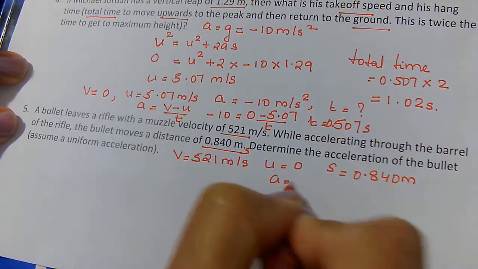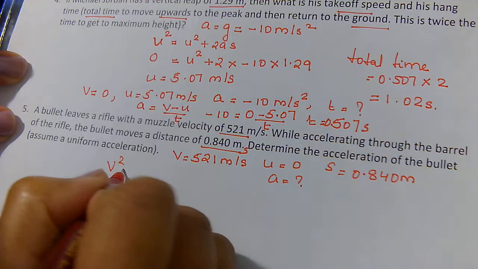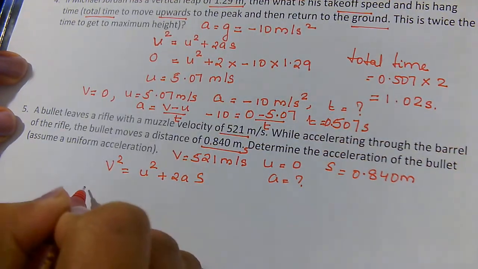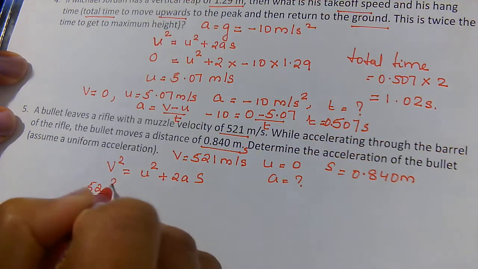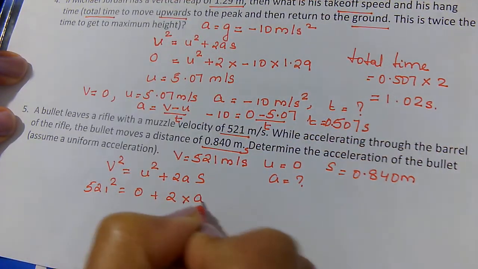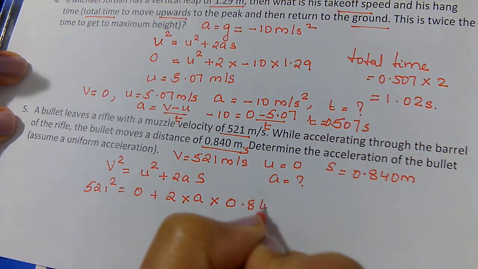So you know u, you know v, you know s, you need to find a. So v square is equal to u square plus 2as. 521 square is equal to 0 plus 2 times a, which is what you need to find, times s, which is 0.84.